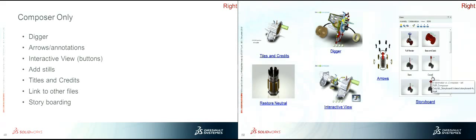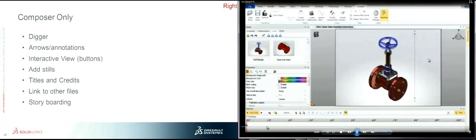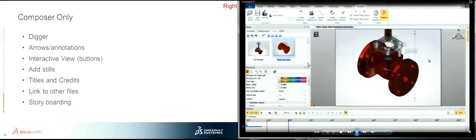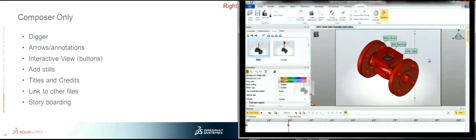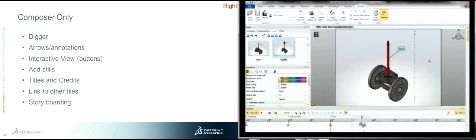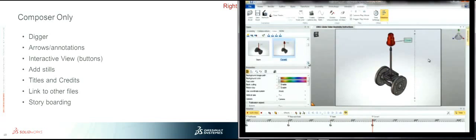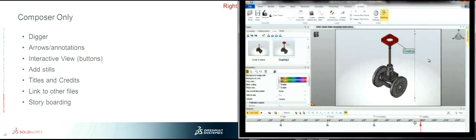And then the last one is the storyboard. And this one, essentially what happens is, I talked about views earlier and how it records a lot of information in each of the views. They're basically like snapshots in time. It records colors, it records placement, it records whether the call-outs are on or off, it records backgrounds and camera views, it records everything.